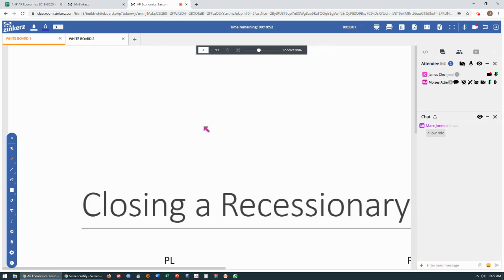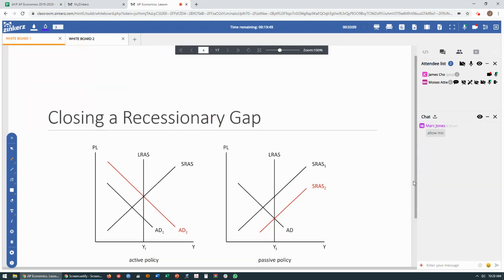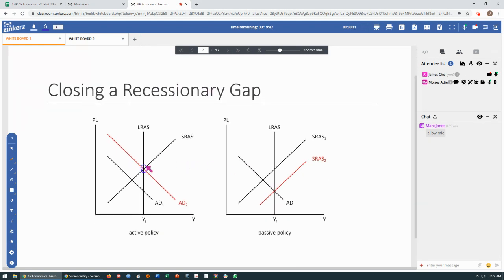So active policy closes that recessionary gap right now. It comes at the cost of higher prices, but at least we're fixing the problem. With passive policy, you would assume, theoretically, that price level will go down, but I can't wait around for this. I have no idea how long that'll take.